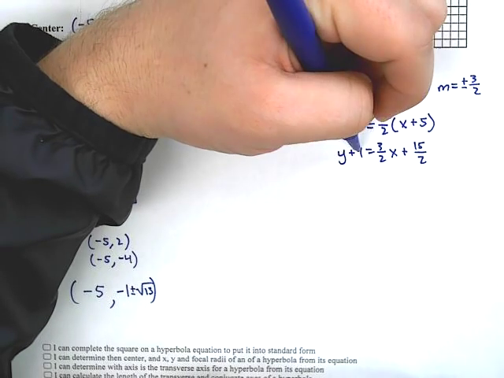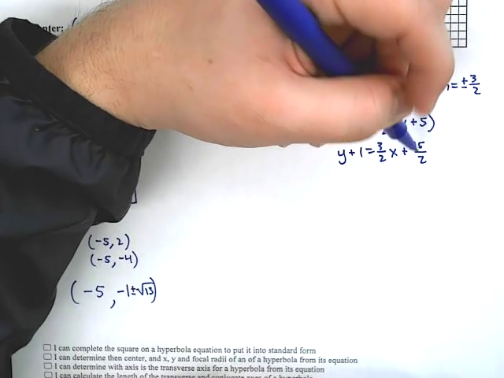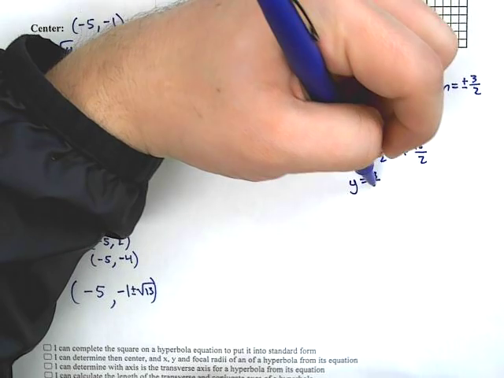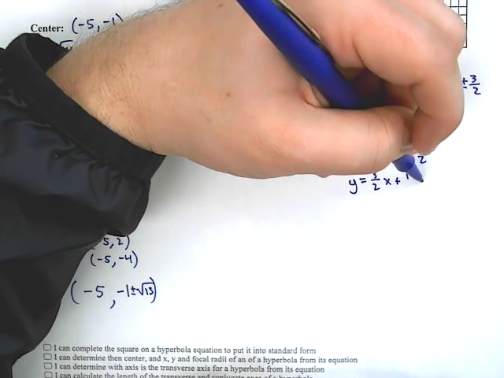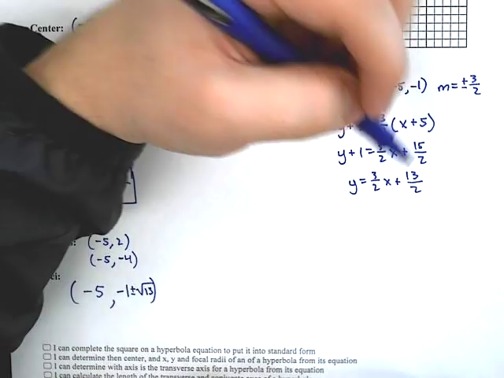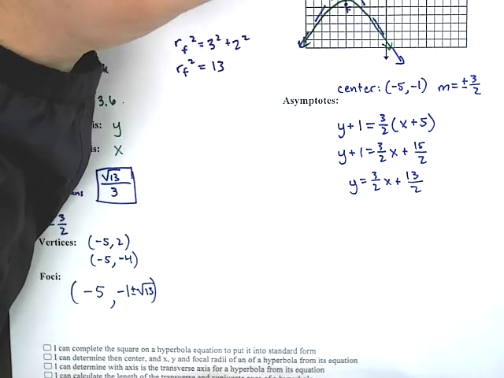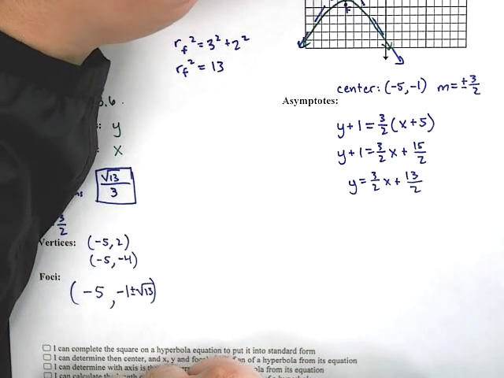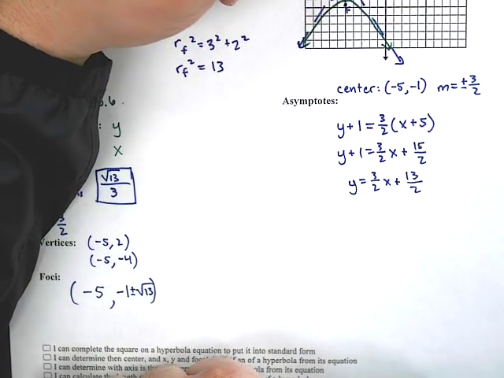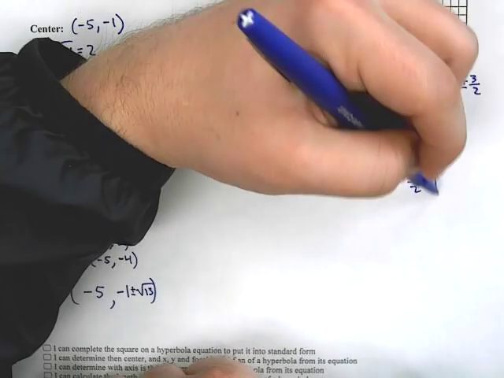But remember, think about one common denominator, 2 over 2. So let's say 3/2 x plus 13/2. And we want to check that. 13/2 is 6.5. 1, 2, 3, 4, 5, 6. All right, not perfect, but that's just some error. I can see right here, I didn't line it up perfectly. So this is good.